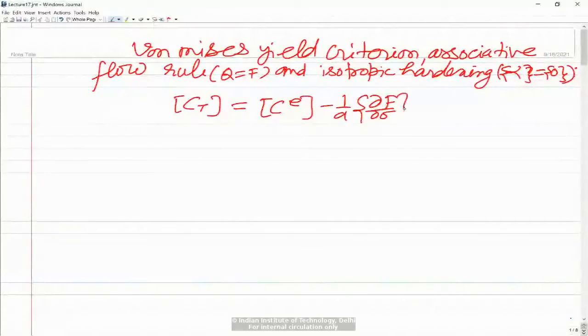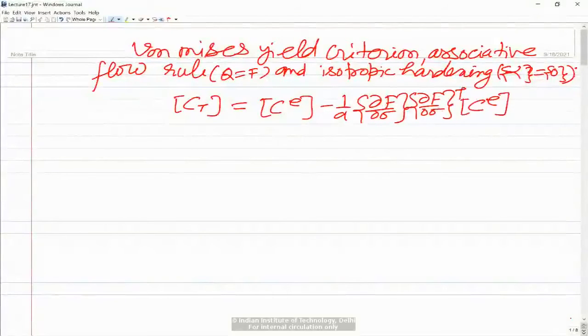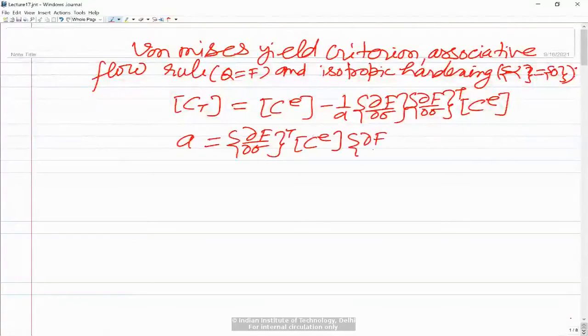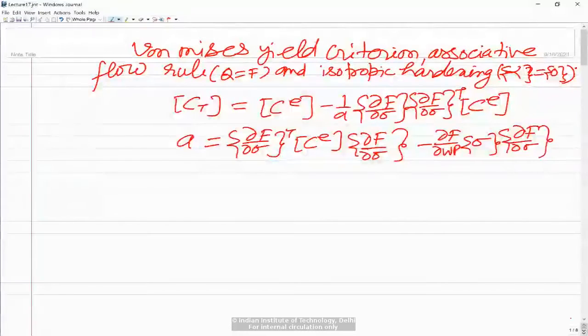Since Q is equal to F, we get this term into del F by del sigma transpose into C. This is your Ct for the case of isotropic hardening, where the alpha term will not be there in A. So A is del F by del sigma transpose into Ce into del F by del sigma, minus del F by del Wp into the stress vector sigma into del F by del sigma.